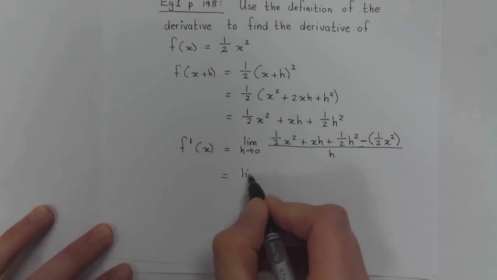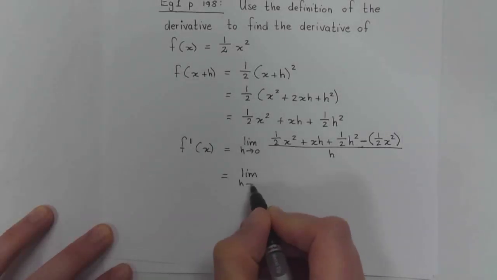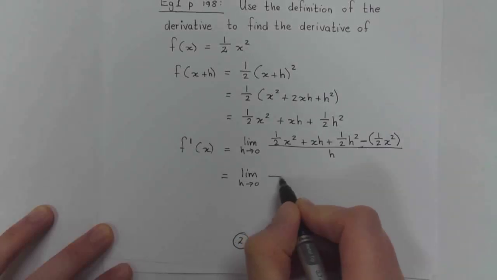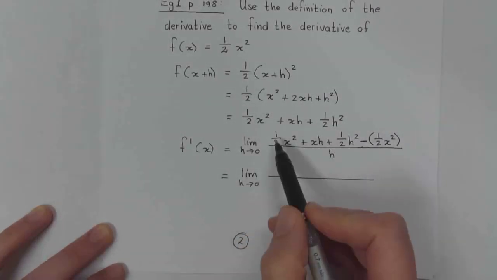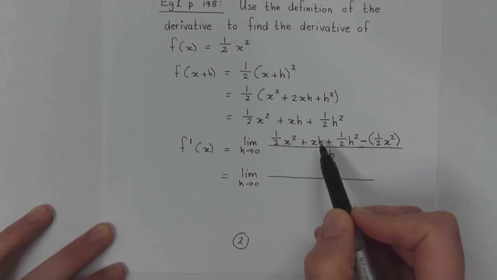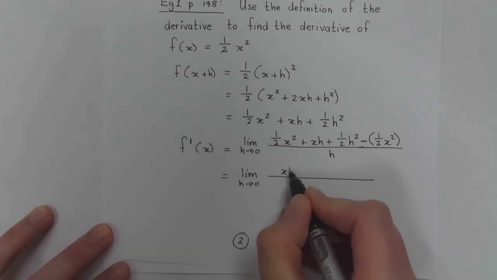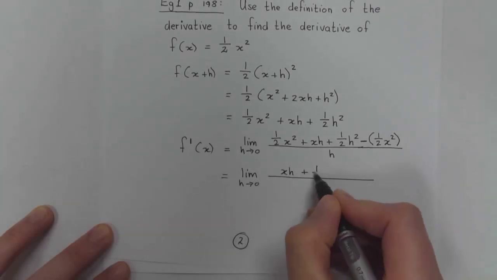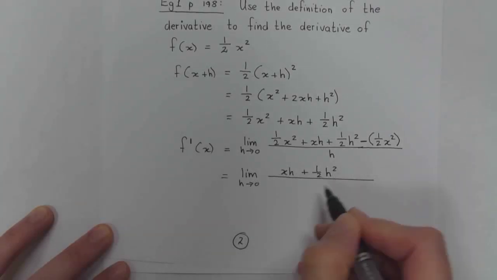So I've got the limit of h tending towards 0 of, and now look what happens here. Half x squared minus half x squared, that eliminates, it's gone. That xh comes down plus half h squared over h.